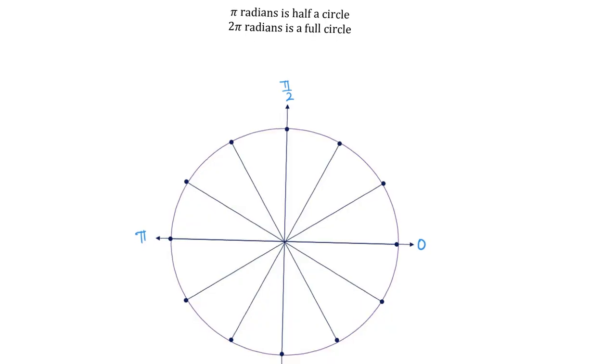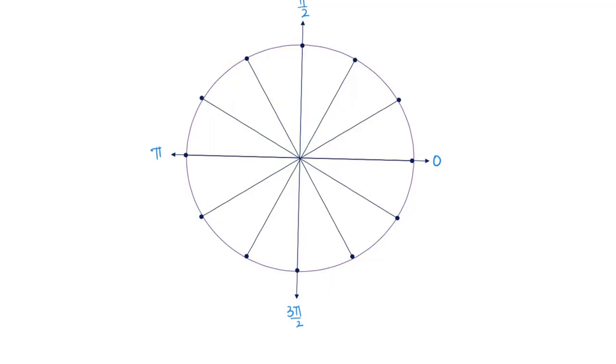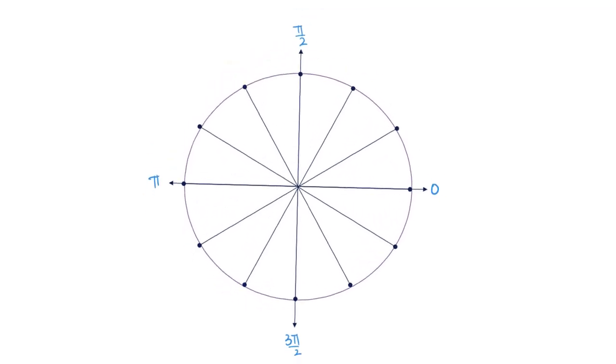And we know the one on the bottom is 3 pi over 2. Now I want to see how this is divided. This is 0 to pi, and they are divided into 1, 2, 3, 4, 5, 6 pieces. So this piece should be pi over 6.